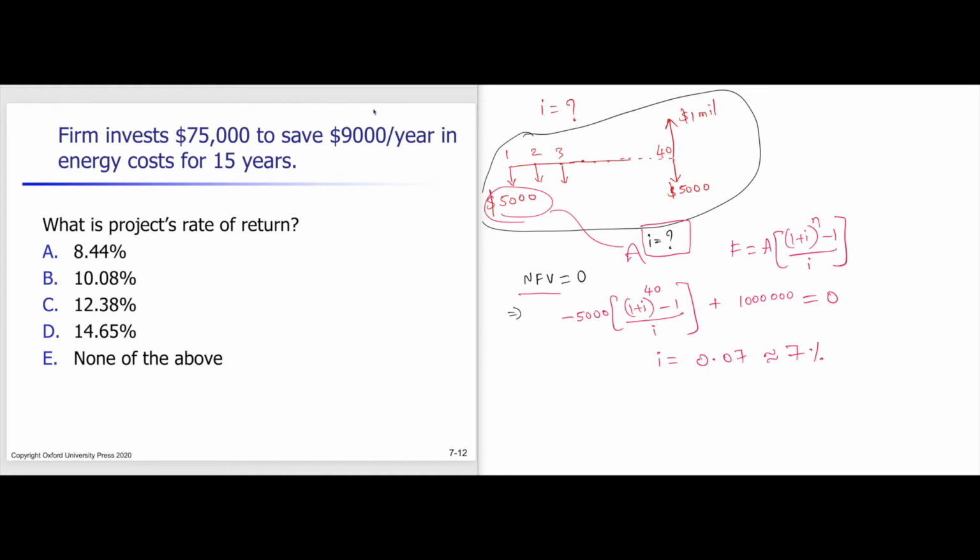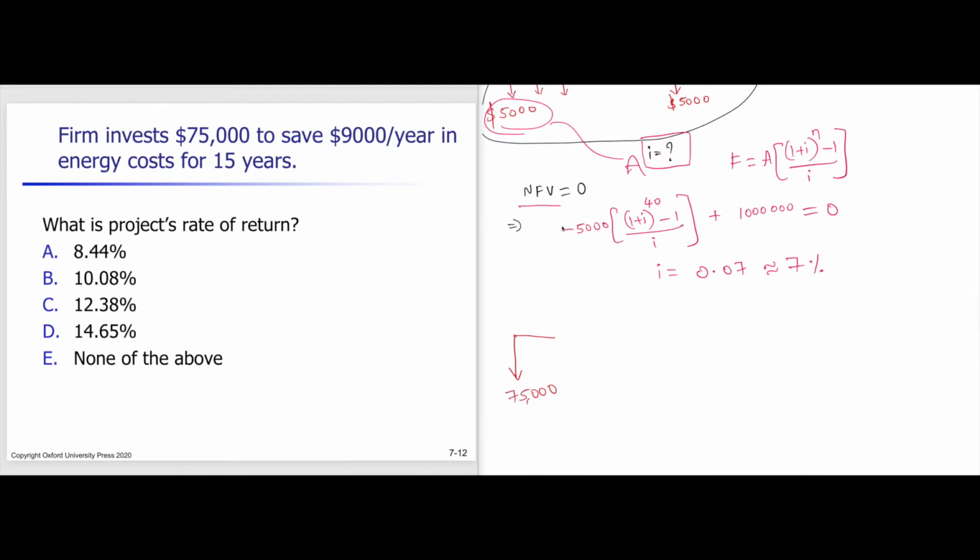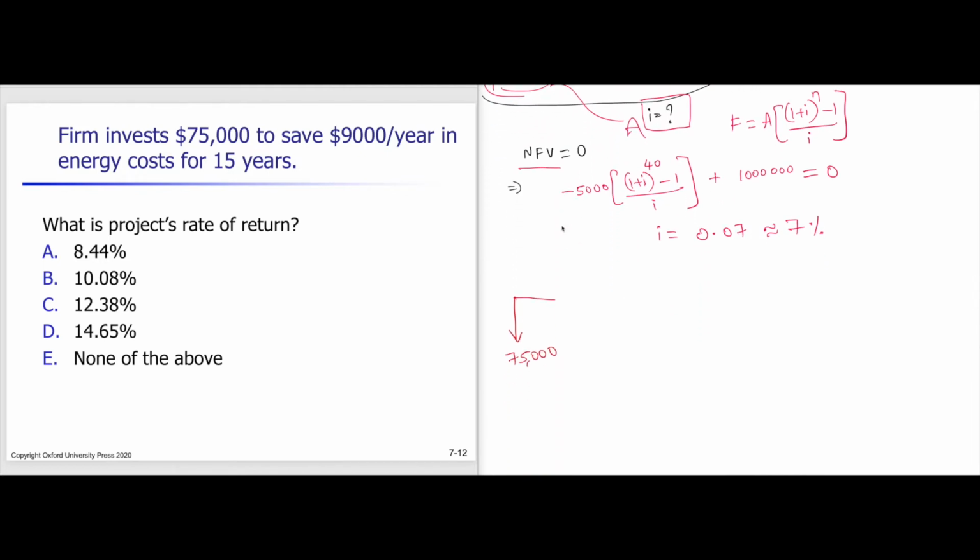There's this firm that invests $75,000. That means $75,000 is going out of the pocket at the end of the zeroth year, today.